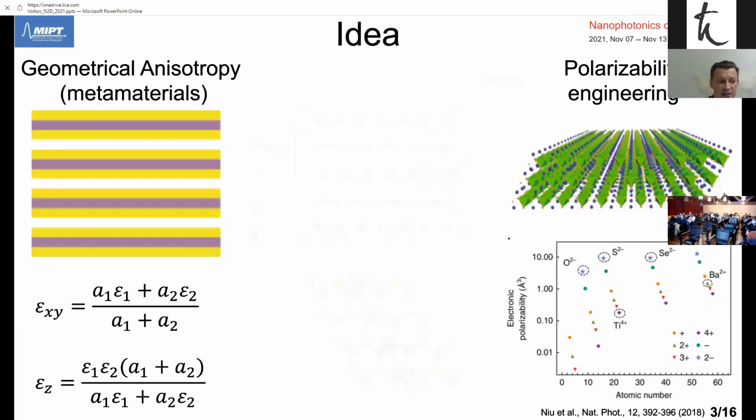First, one should pay attention to the geometrical parameters of the crystal lattice or crystal structures, because it is well known that, for example, for photonic crystals, one can easily achieve nice and significant optical anisotropy by playing with alternating layers of different materials of different refractive indices. So geometrical parameters are important for anisotropy.